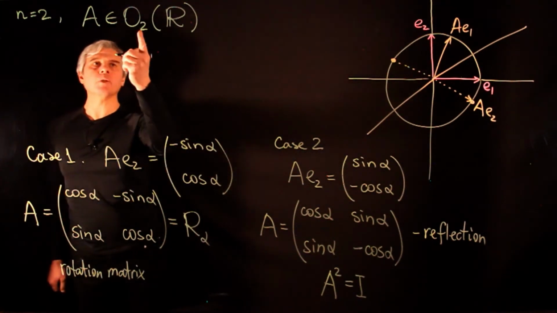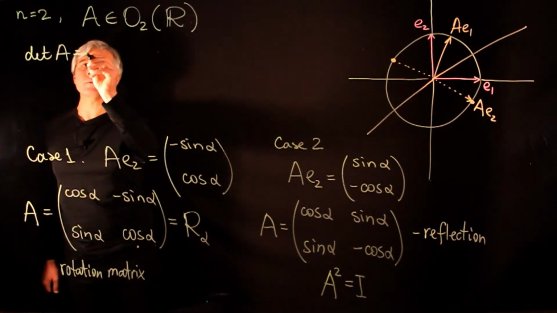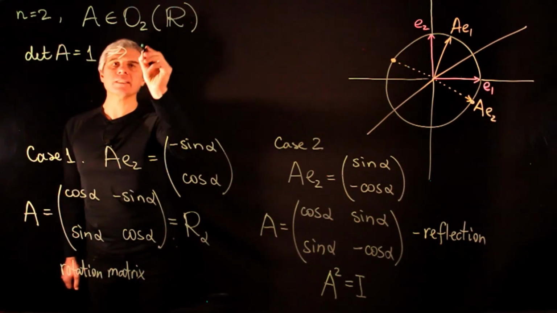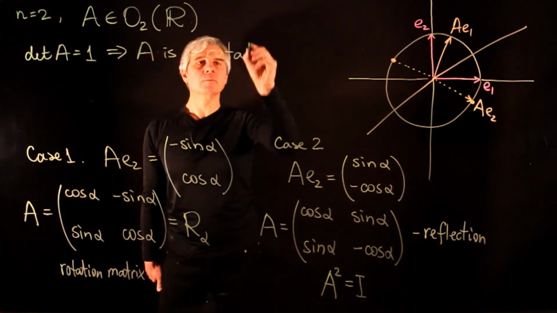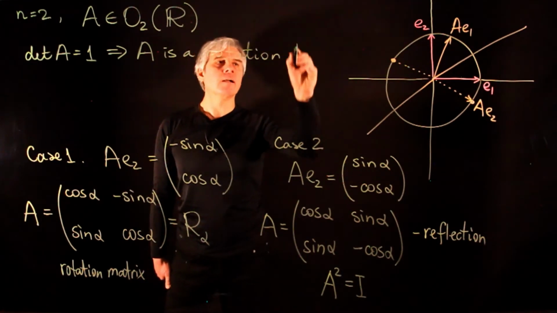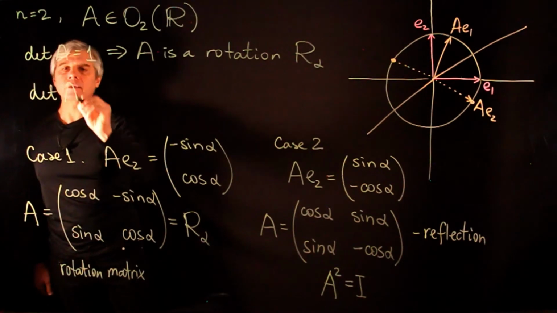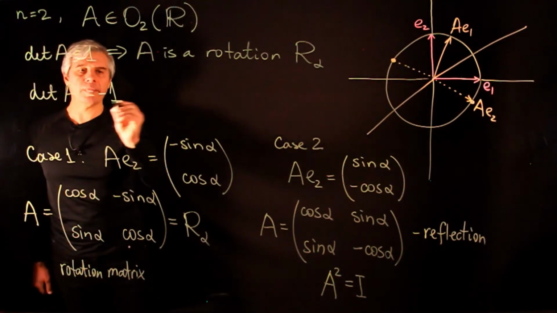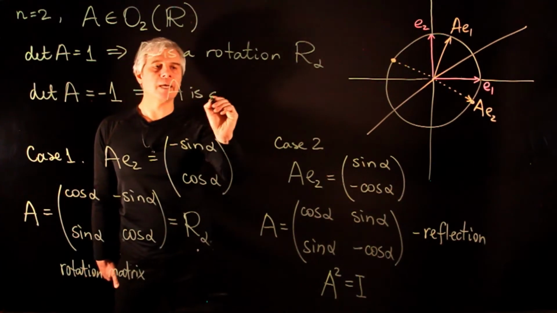So if A belongs to O2 and the determinant of A is equal to 1, then A is a rotation R alpha for some alpha. And if the determinant of A is equal to -1, then A is a reflection.